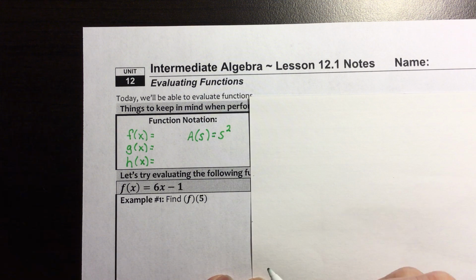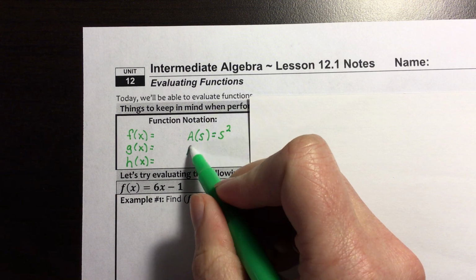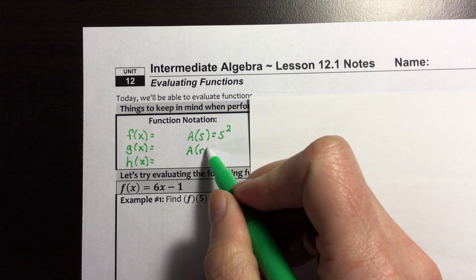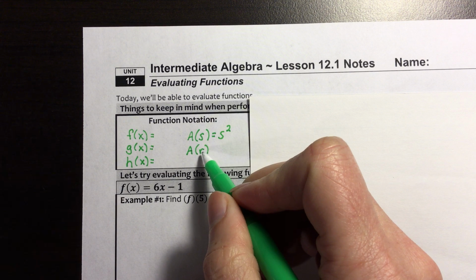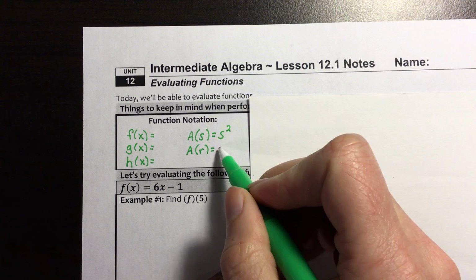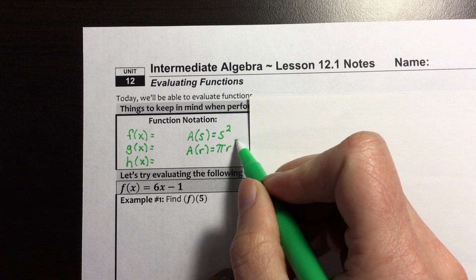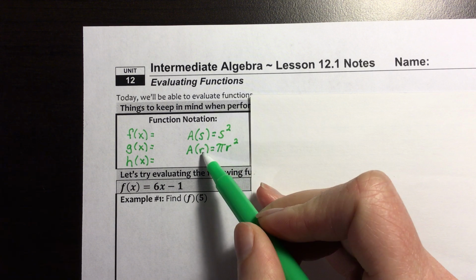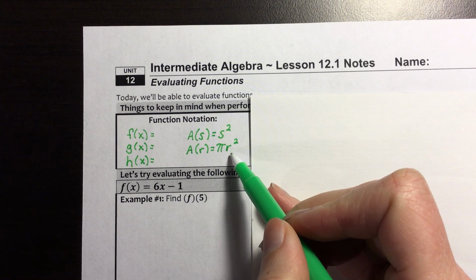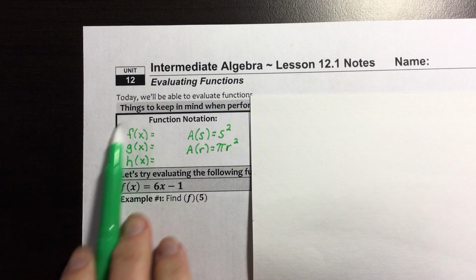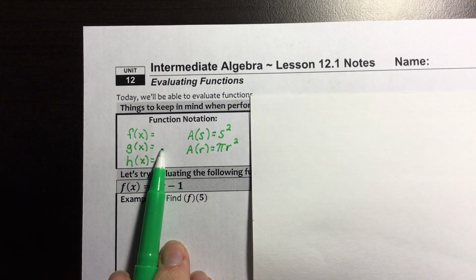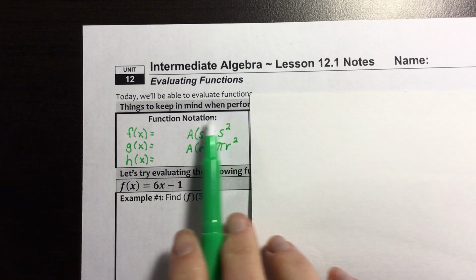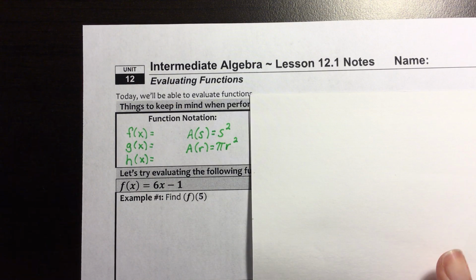The area of a circle might be a of r, where the variable is r, so the area of a circle is pi r squared. So you get different types of functions that have different letters in them, and they mean different things. Today we're going to be focusing on the problems that are just f of x, g of x, and h of x, but you could see these in future courses.